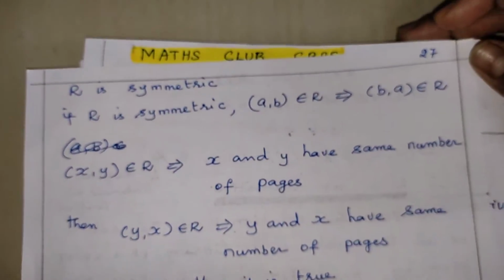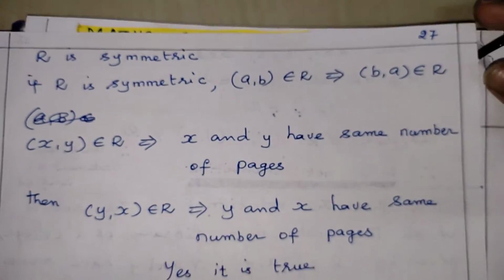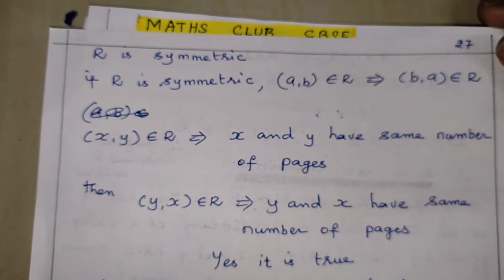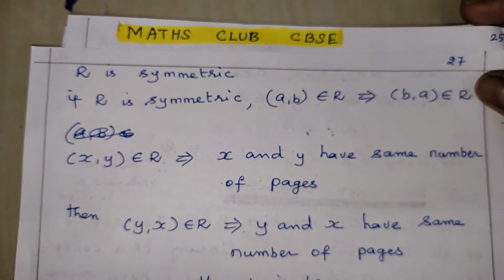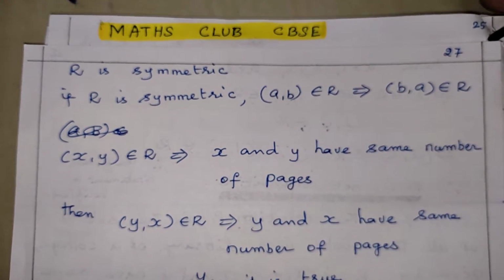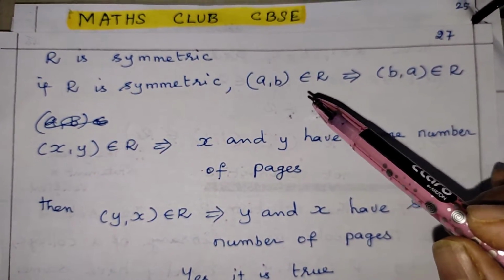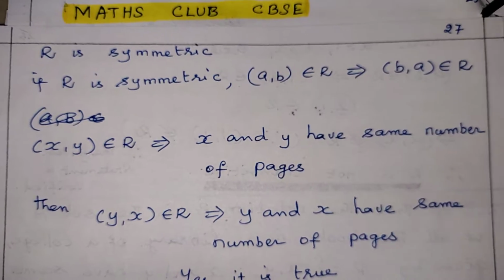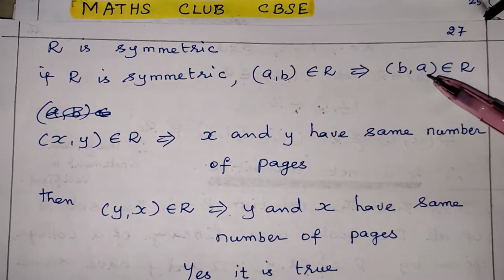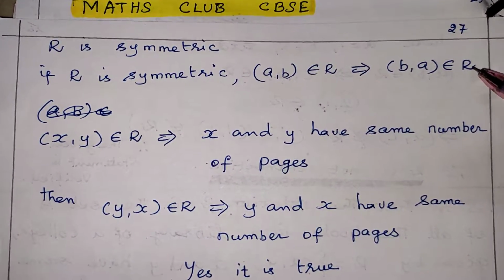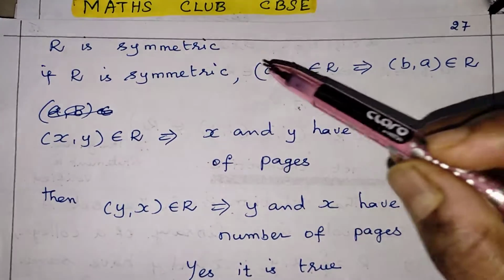The next condition is R is symmetric. By the symmetric condition we know that if (a, b) belongs to R, that implies (b, a) belongs to R, then we can say that R is symmetric.